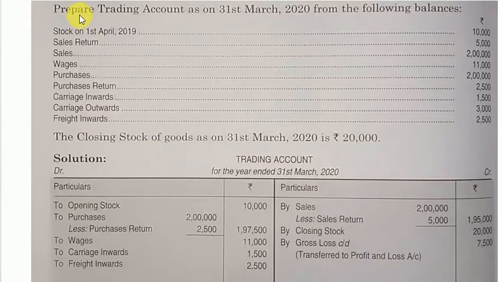In this question it says prepare trading account as on 31st March 2020 for the following balances. Stock on 1st April 2019, that means opening stock, is 10,000, sales return is 5,000, sales 2 lakhs, wages 11,000, purchase worth rupees 2 lakhs, purchase return 2,500, carriage inward 1,500, carriage outward 3,000, and freight inward 2,500.